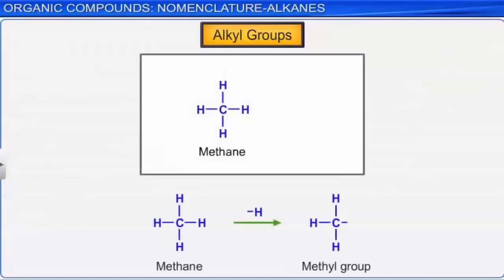For example, if 1 hydrogen atom is removed from methane, that is CH4, we get the alkyl group CH3. An alkyl group is named by replacing the ane in the name with yl. Thus, the name of alkyl group of methane will be methyl.